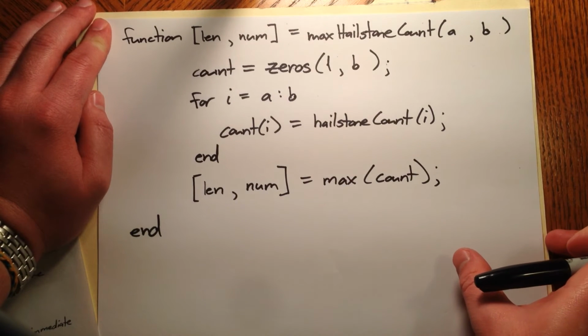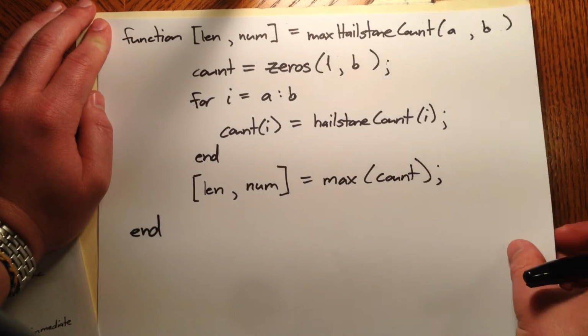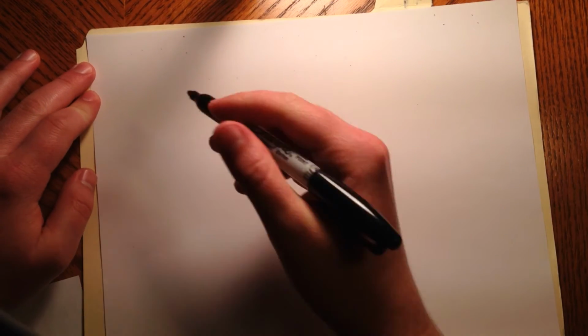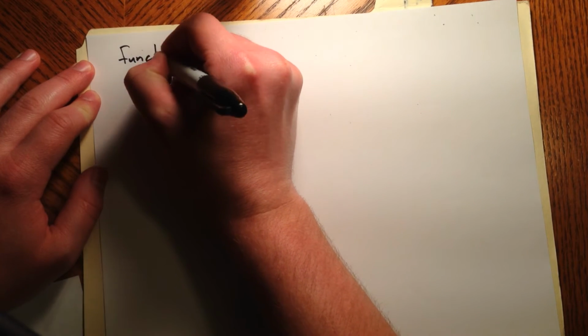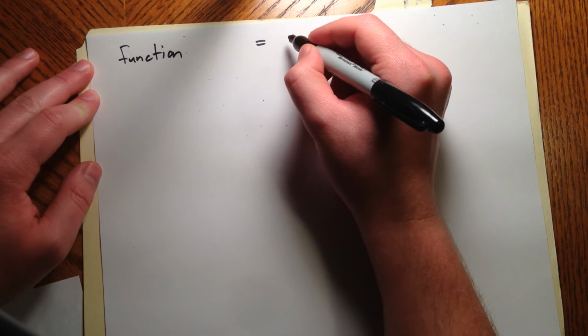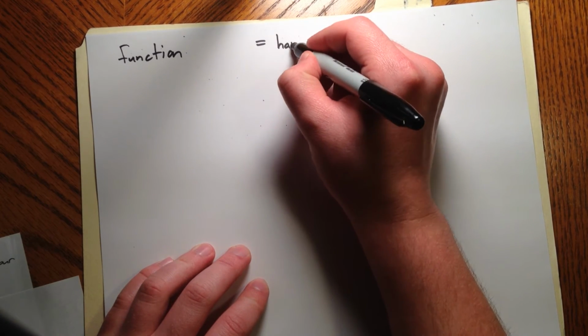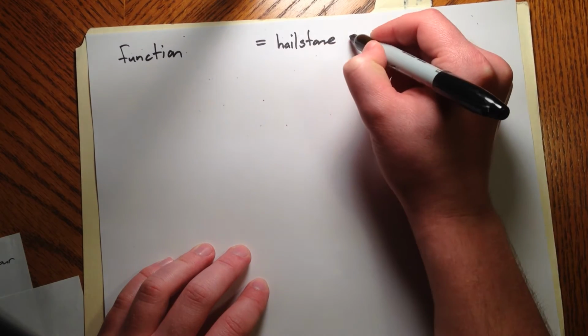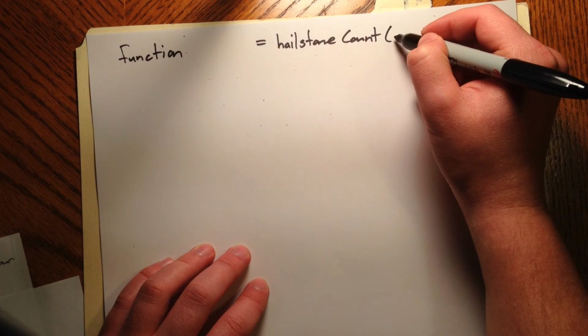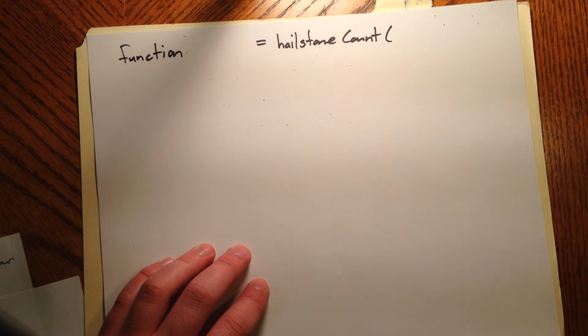So now we need to write this function. It's going to have some sort of output. We called it hailstone count, and we said it would have some sort of variable come in, the ith variable.